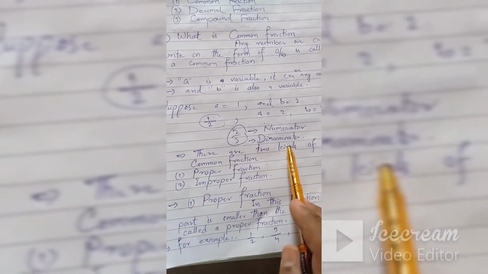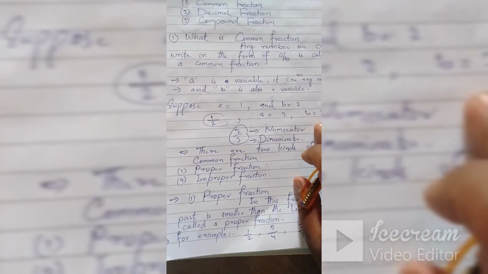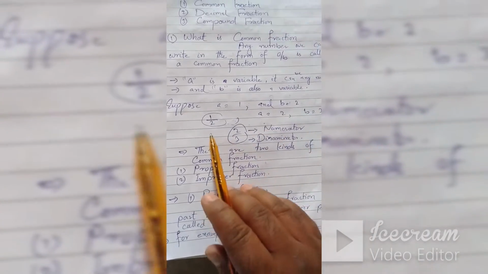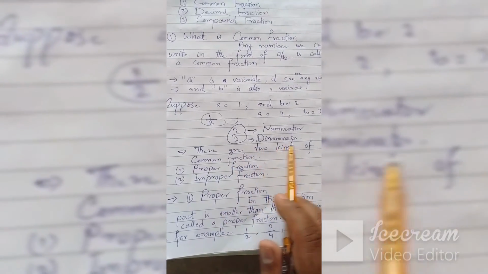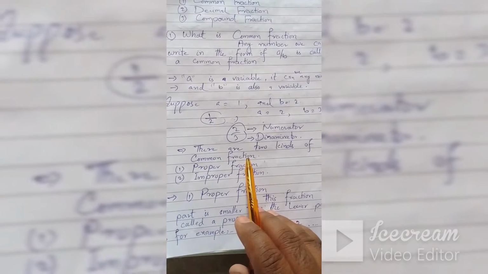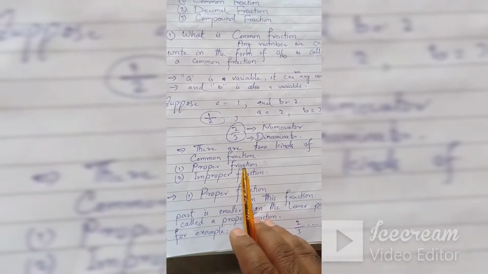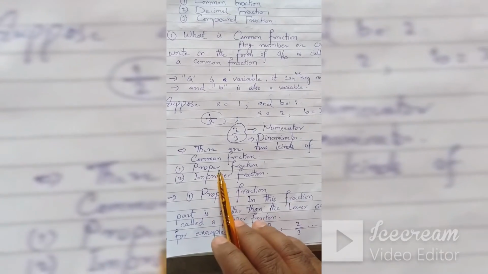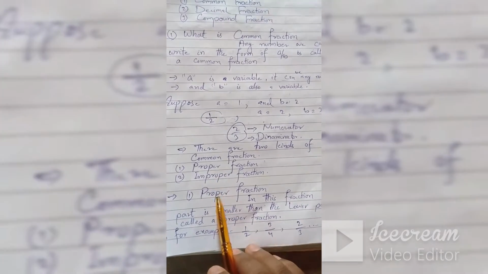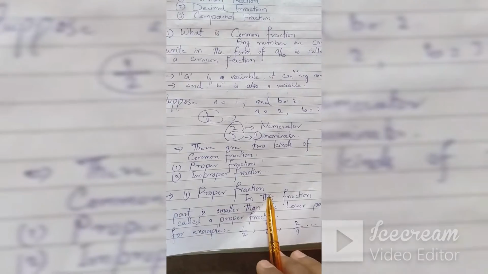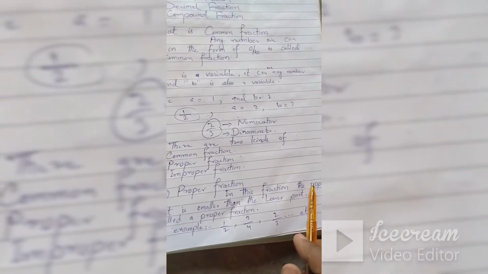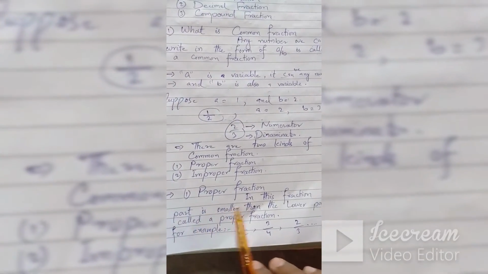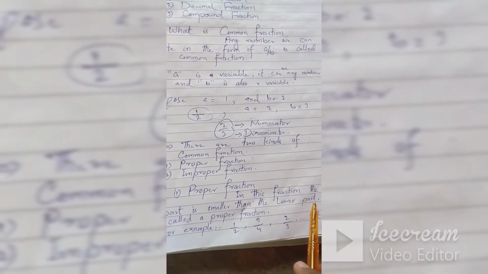There are two kinds of common fractions. Number one, proper fractions. Number two, improper fractions. Now let's see the kinds of common fraction. The first one is proper fraction. In these fractions, the upper part is smaller than the lower part.